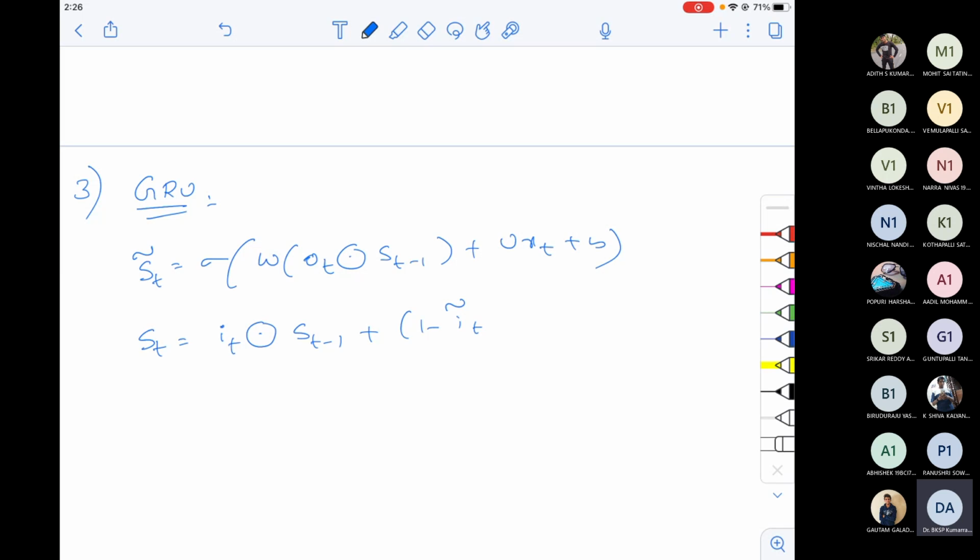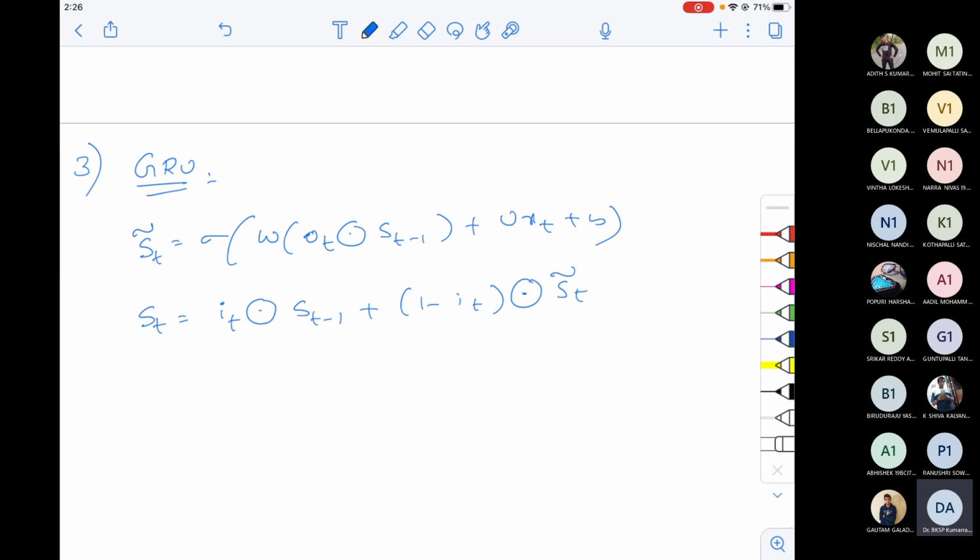Again, what are the inputs that I have? The inputs are ST minus 1 and XT. The rest of them are either weights or gates. So finally, ST is equal to GRU of ST minus 1, XT.